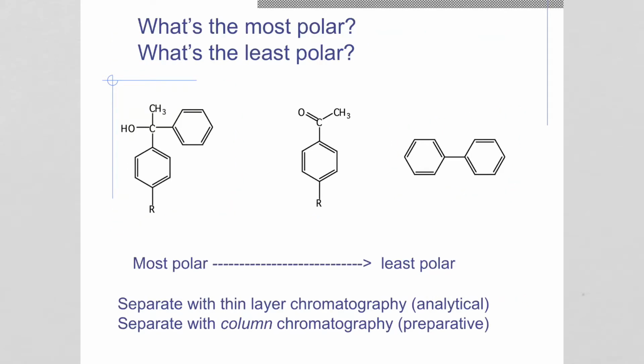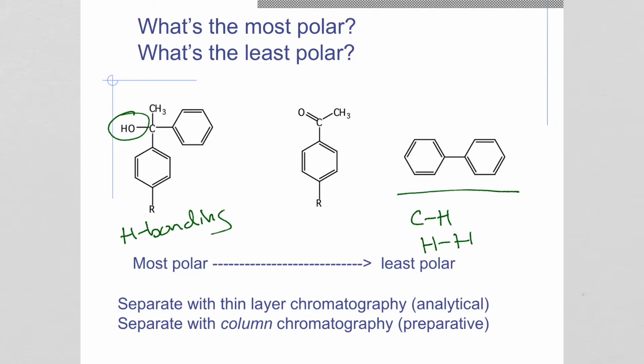Well, one of the properties we can use is the polarity of the compounds to separate them. The alcohol, because it has the OH group, can undergo hydrogen bonding, and therefore it is going to be the most polar, whereas the biphenyl has only nonpolar carbon-hydrogen and carbon-carbon bonds, so it is very nonpolar.